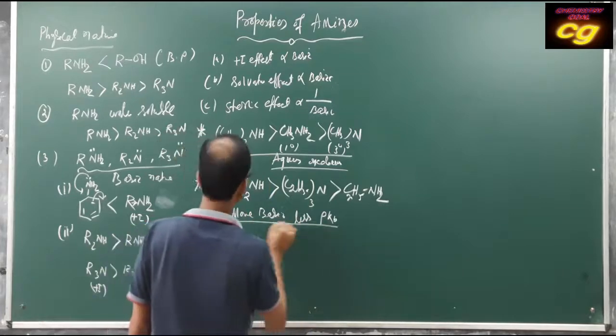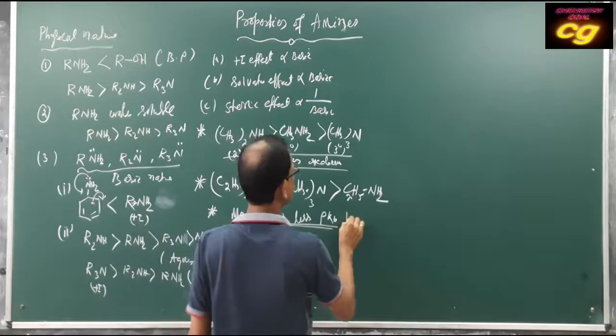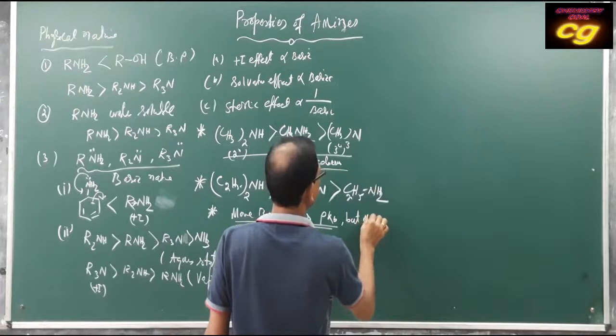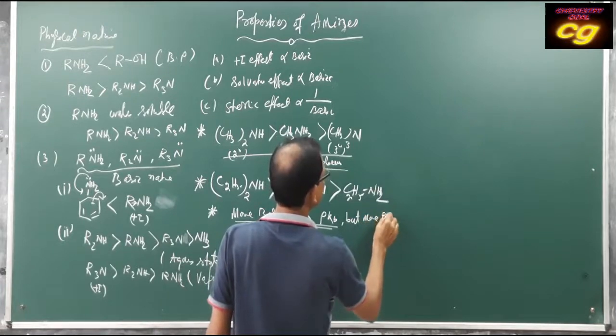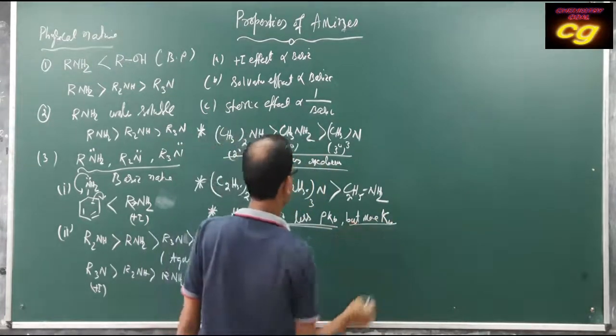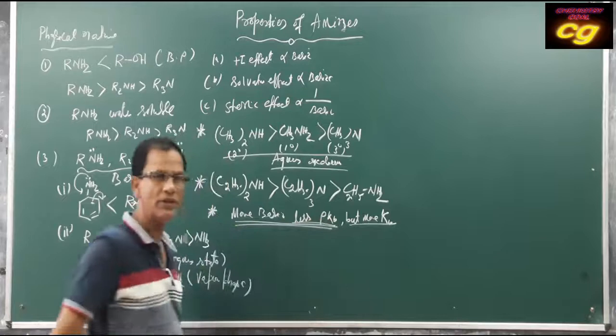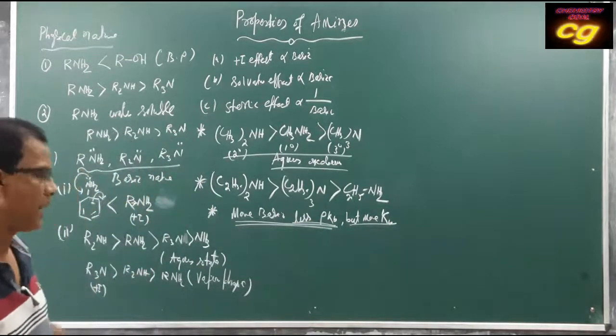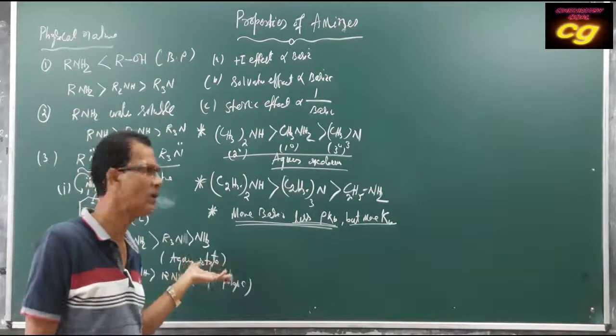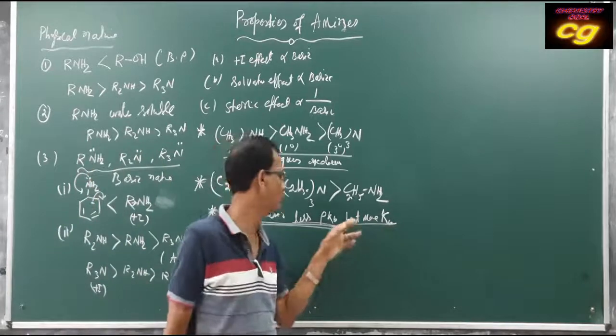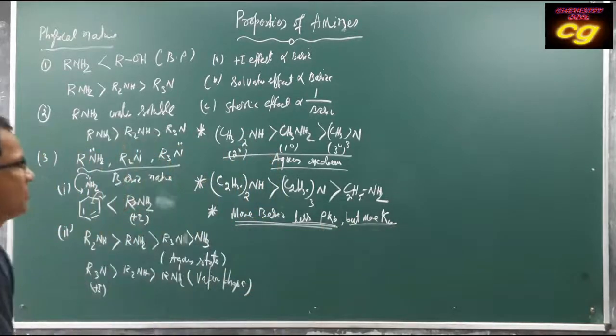This thing you remember, very important. Higher basic character, higher Kb value, but a lower pKb value. This concept you already know. Then we will discuss some important properties of amines.